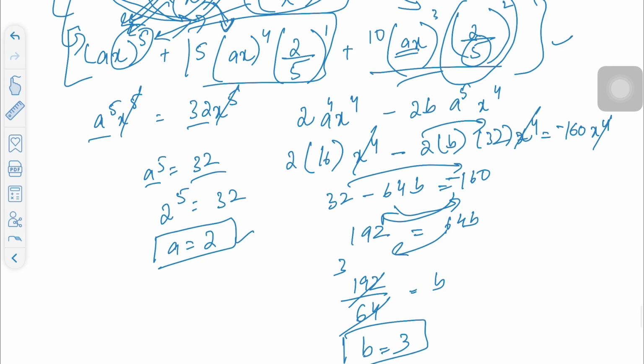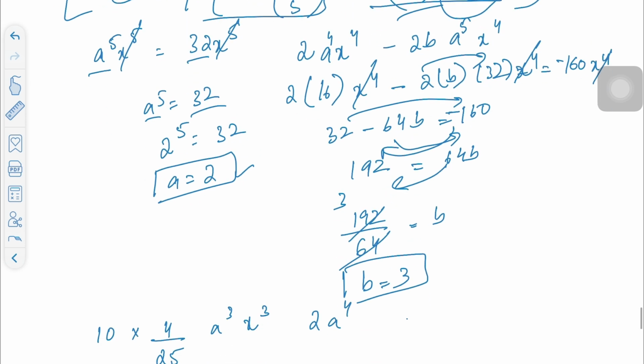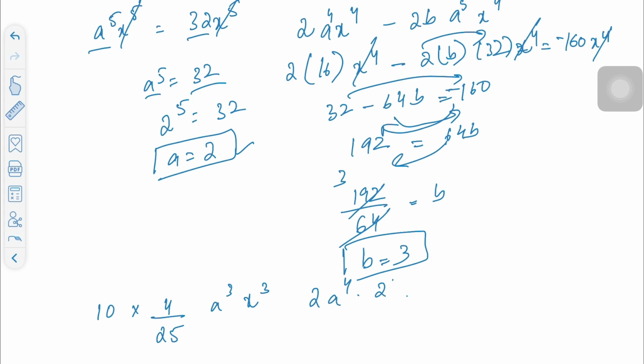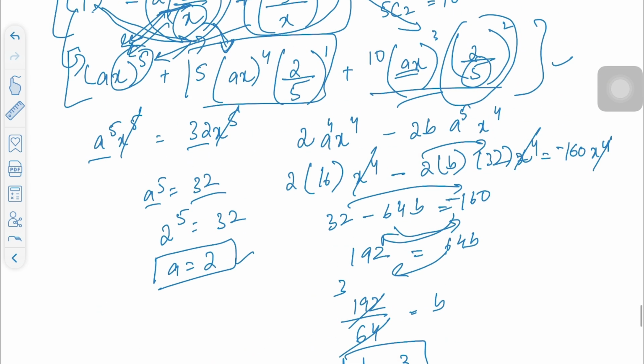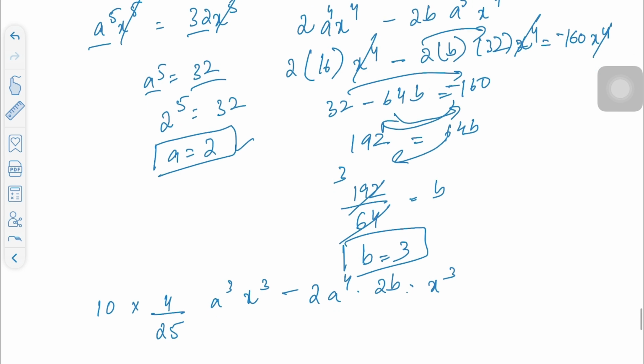2 and 2 is multiplied, again 2 is multiplied over here, so this would be 2b again, I guess, and this is basically the x cubed coefficient, right? And this is negative, right?